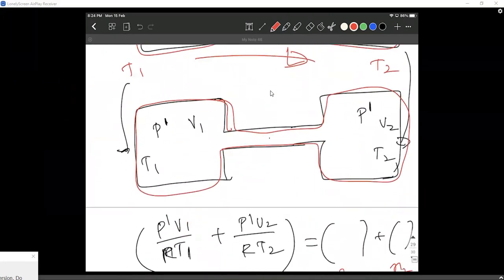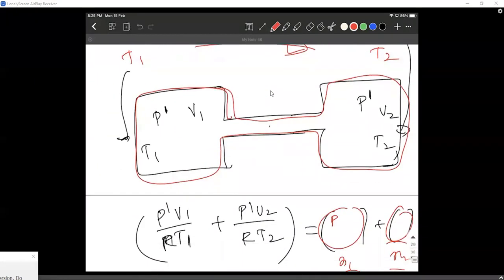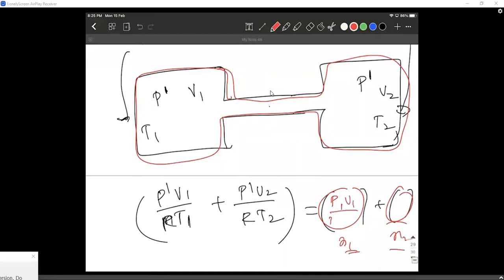So that is an equation that we can solve, and from that you can easily find the values. Let me write those also: P1 V1 by R T1, P2 V2 by R T2. From this equation you can directly find the value of P dash.